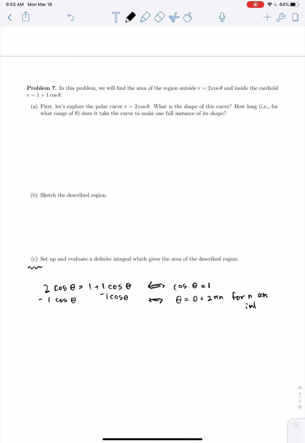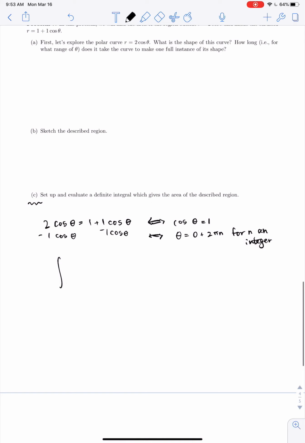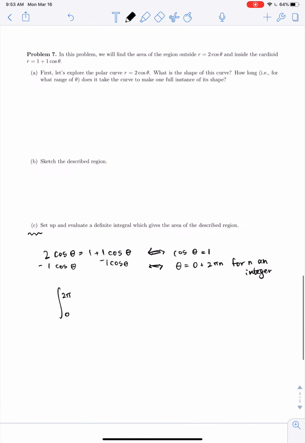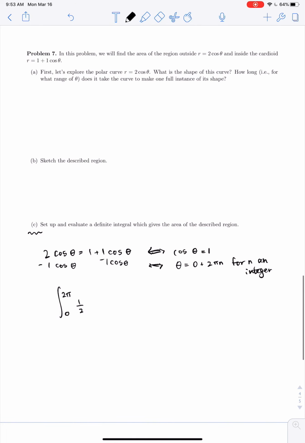So then, does that mean that we should be integrating from 0 to 2 pi of the larger curve, which will be 1 plus cosine theta squared, minus our smaller curve, which is 2 cosine theta squared?